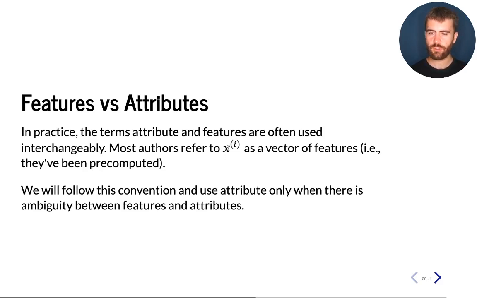So I just want to make sure that this distinction is clear, and when I use the term feature throughout the rest of this video and in other videos, you will know that I may just be referring to an attribute, and this distinction is probably not crucial in that case. This is just a small clarification that I wanted to make here.